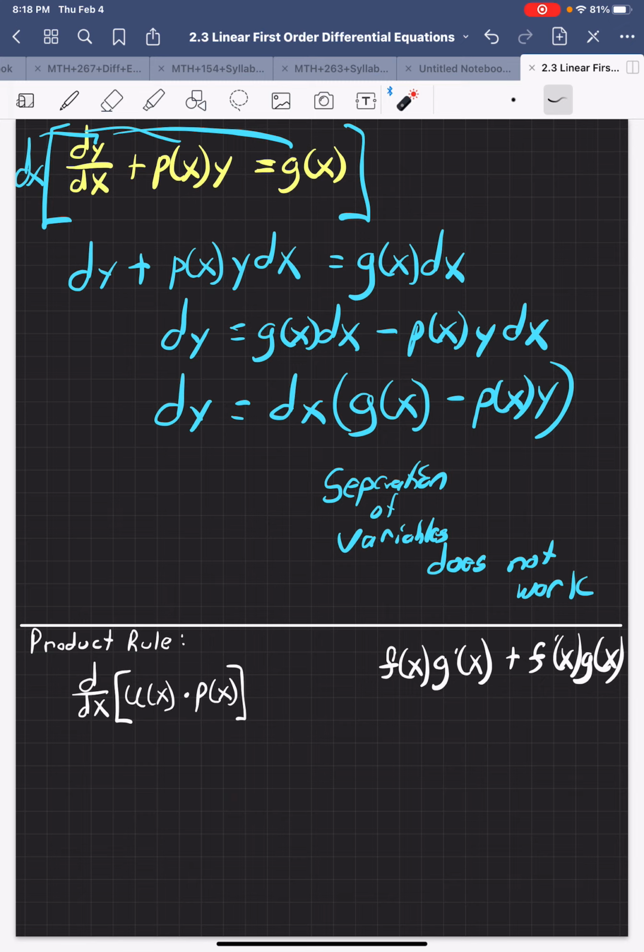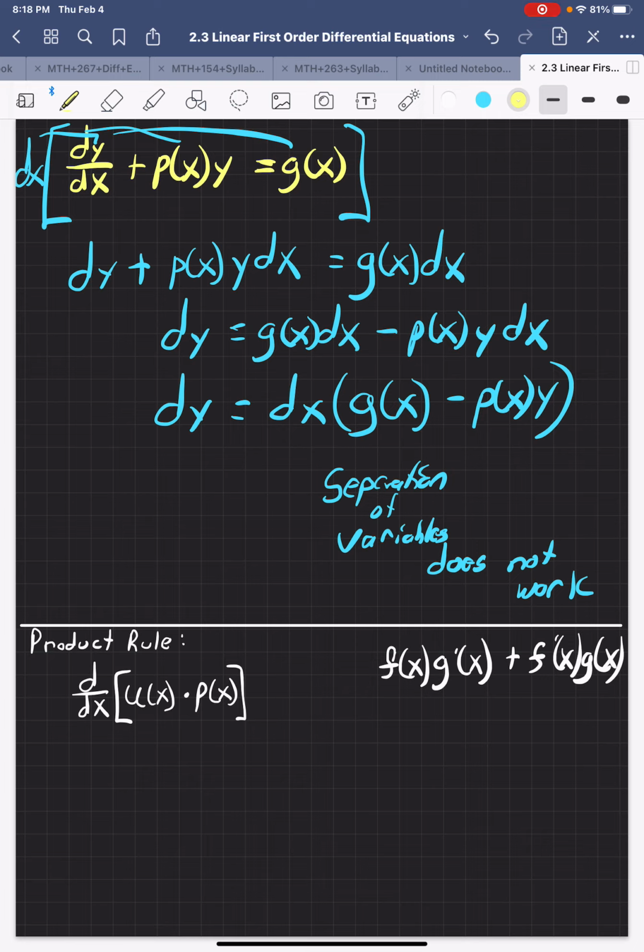And so, using the f, g notation that we used back in Calc 1, we'll say that u of x is f of x, and we'll say that p of x is g of x. So what would that look like? There's a reason why I'm revisiting the product rule, so let's go ahead and finish it out.